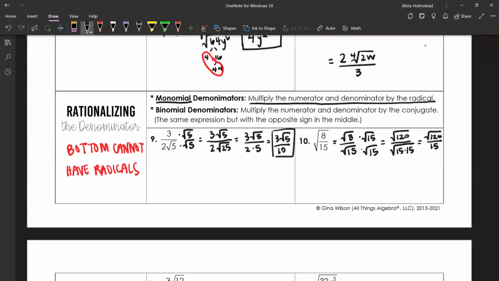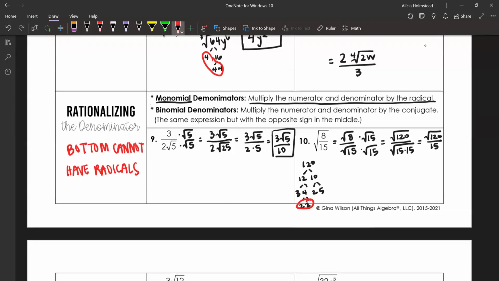So then we'll break that down. 120 is 12 and 10. 12 is 2 and 6. 6 is 3 and 2. 10 is 2 and 5. This is a square root, so we need groups of 2. That did not work very well. Let me do that over here. So we've got 12 and 10, maybe 3 and 4, 2 and 5, 2 and 2. Groups of 2 things.